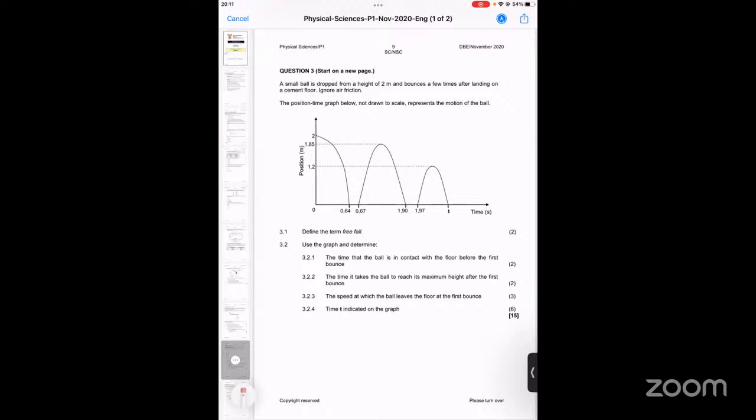3.2.2, the time it takes the ball to reach its maximum height after the first bounce. Okay, there is another question. Do you guys have an idea of what that question wants? The question itself, does it make sense?